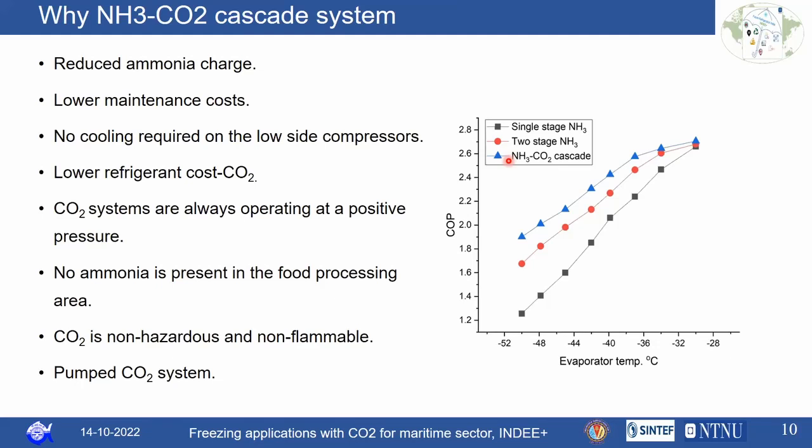pumped system with CO2. Normally in these seafood industries, they will have a pumped refrigerant system. That means there will be a liquid receiver or a circulating tank from which the refrigerant, or even this ammonia, will be pumped to the evaporator using a pump. So it has its own benefit. In the seafood industry or in the freezer, it has to go through a process called defrosting.